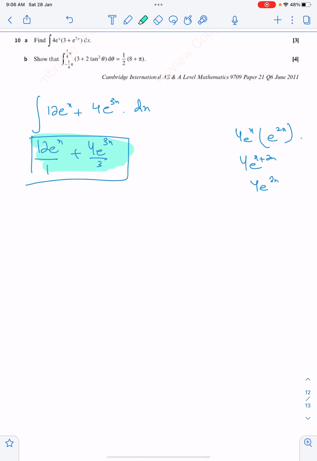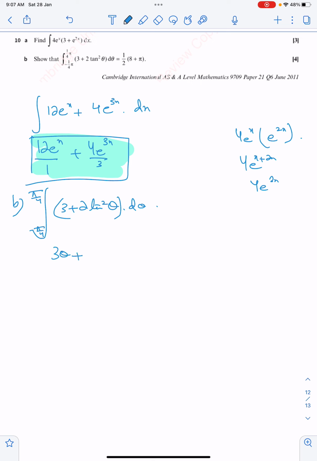The next part. Show that the integration of this is going to be this, the b part. Integration of 3 plus 2 tan square theta d theta, with pi by 4 here and negative pi by 4. This will become 3 theta plus, first of all let me simplify this. 3 plus 2, 1 plus tan square theta equals sec square theta.